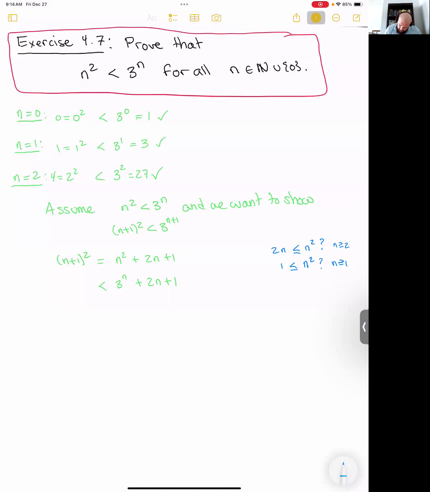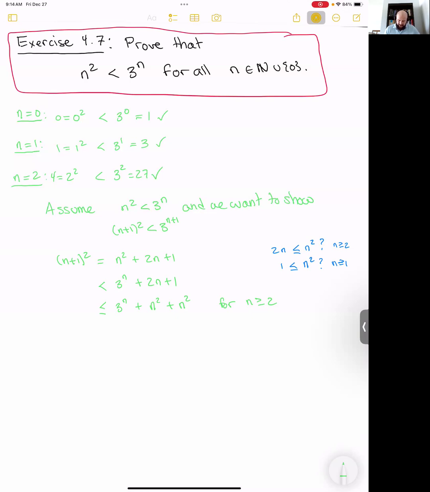That means I could say that this is less than or equal to 3 to the n plus n squared plus n squared for n greater than or equal to 2. We have to be careful, because we're supposed to prove this for all n greater than or equal to 0.